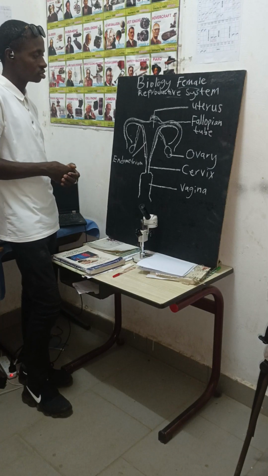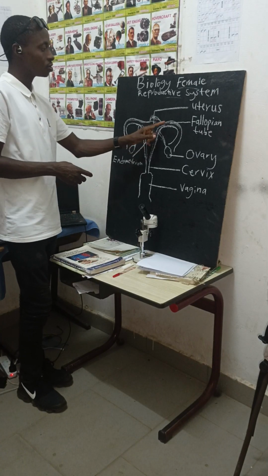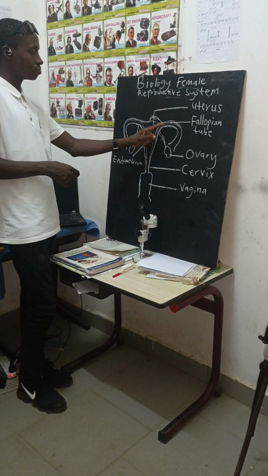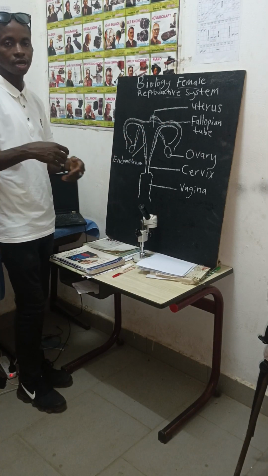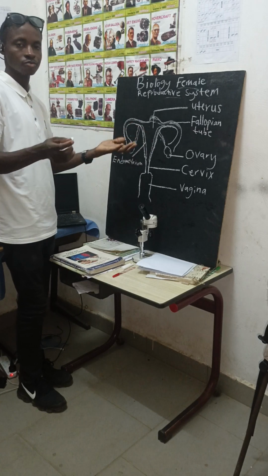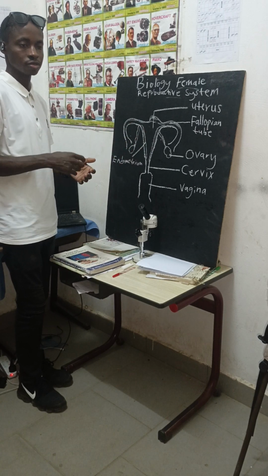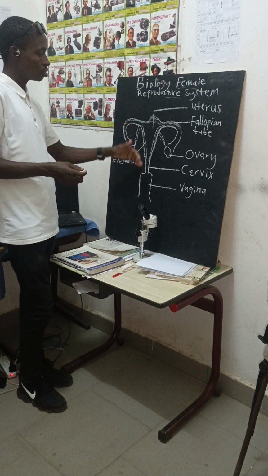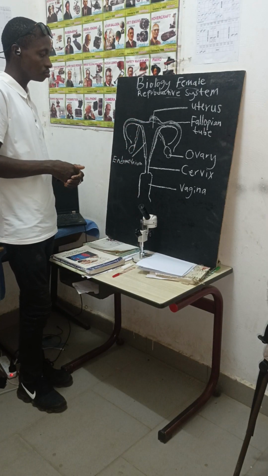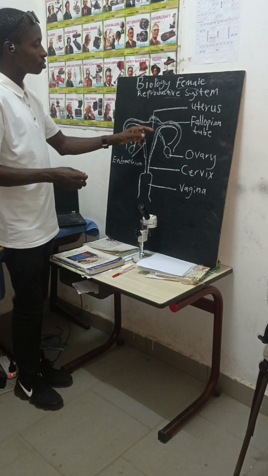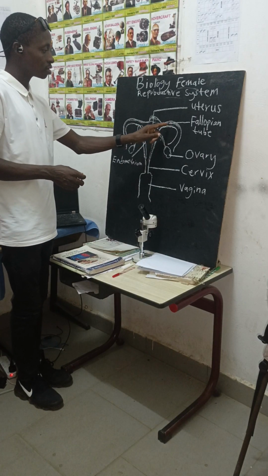In some cases, if implantation fails, that is, the fertilized egg fails to move to the uterus where it is supposed to develop, cell division will occur. That is, after fertilization, mitosis, different stages will occur. If that one fails, an ectopic pregnancy can occur.